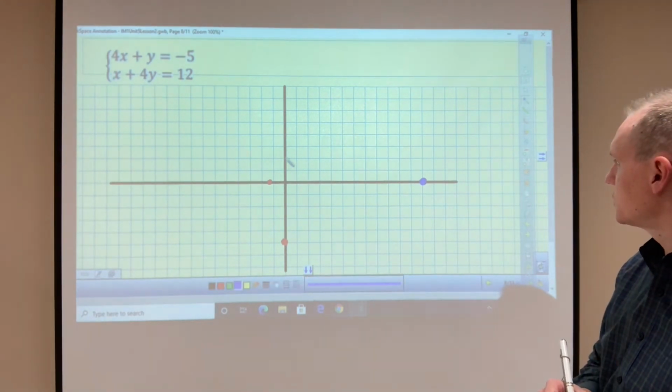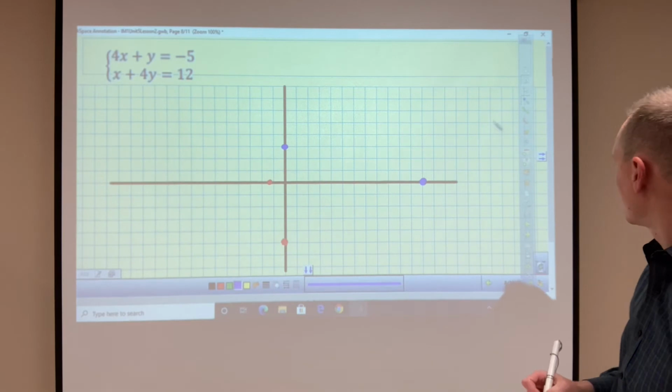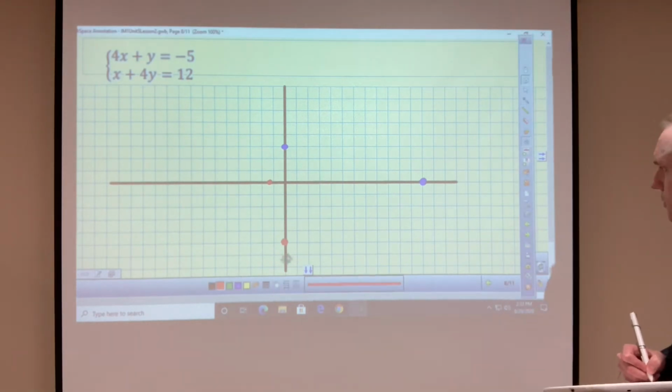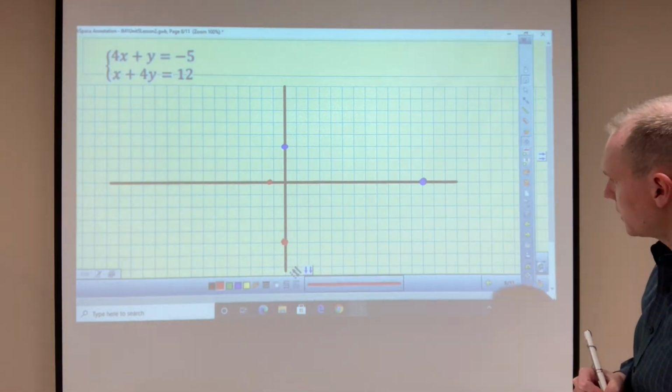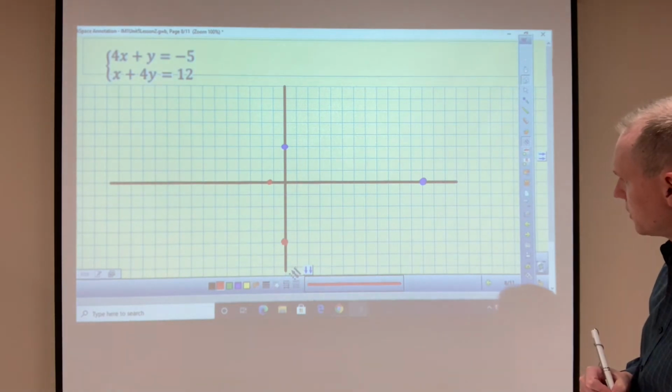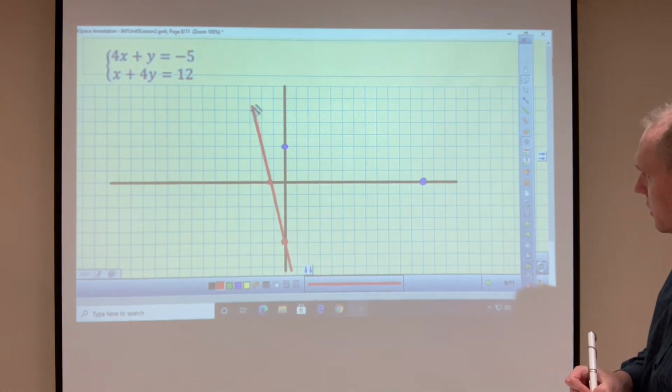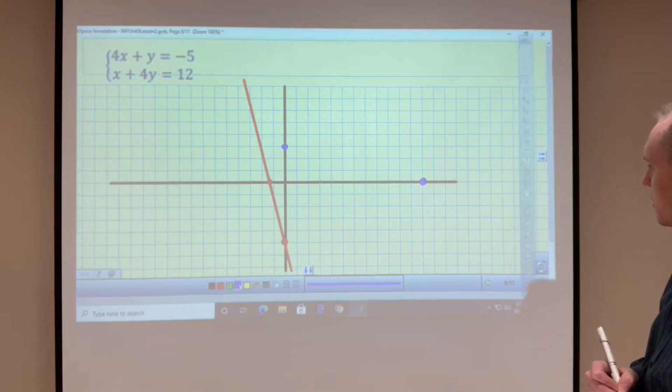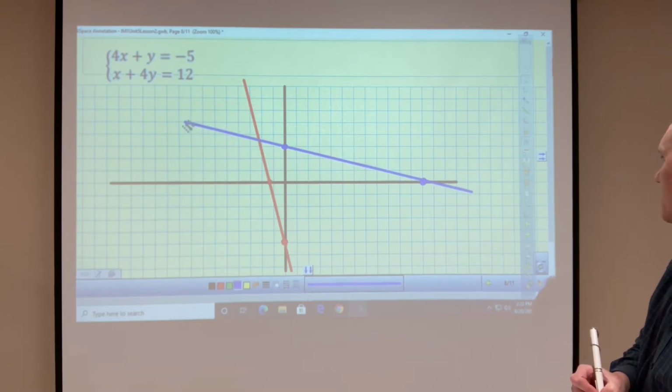So y-intercept 1, 2, and 3. So let's form our two lines here. The first one might look something like that. And then our other one might look something like that.